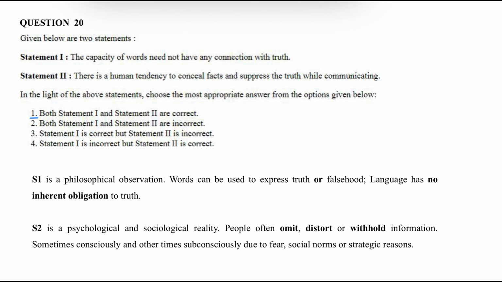Question number 20. Given below are two statements. Statement 1. The capacity of words need not have any connection with truth. Statement 2. There is a human tendency to conceal facts and suppress the truth while communicating. In the light of the above statements, choose the most appropriate answer from the options given below.